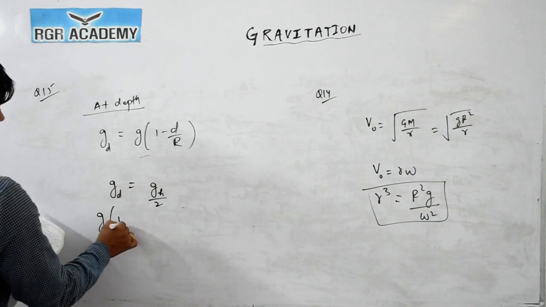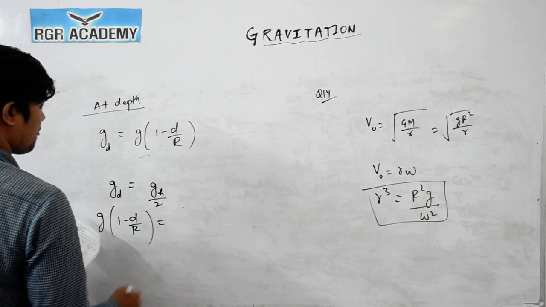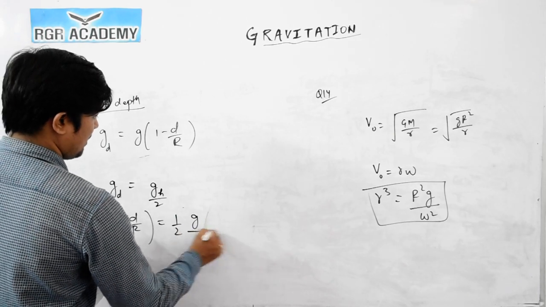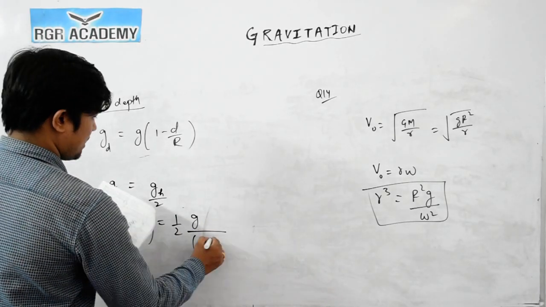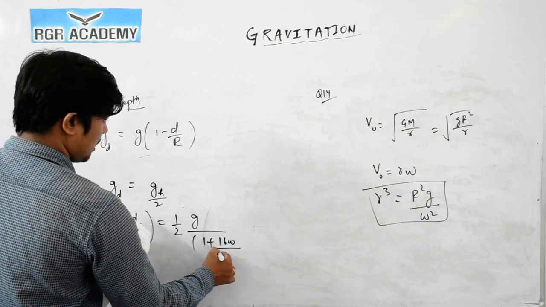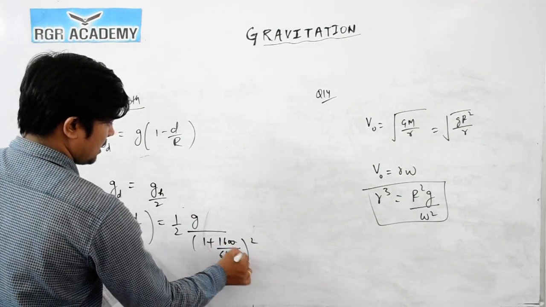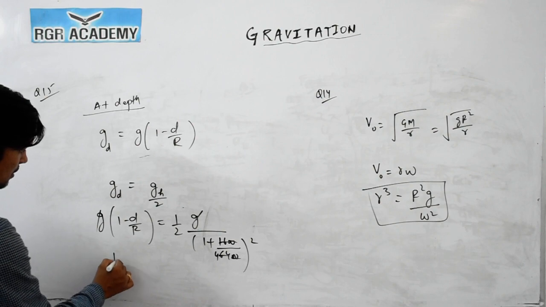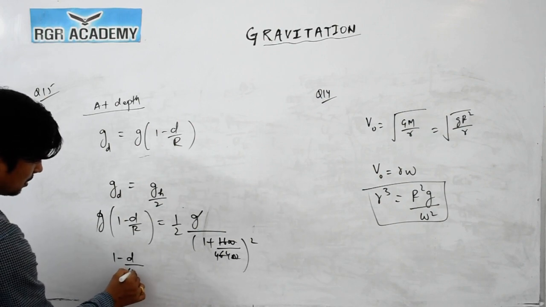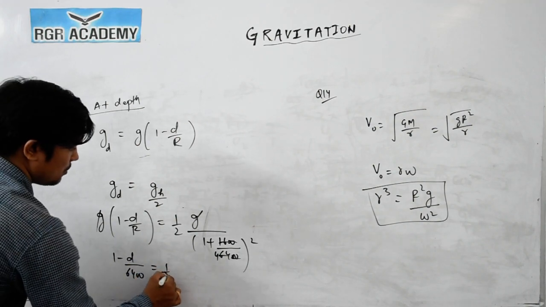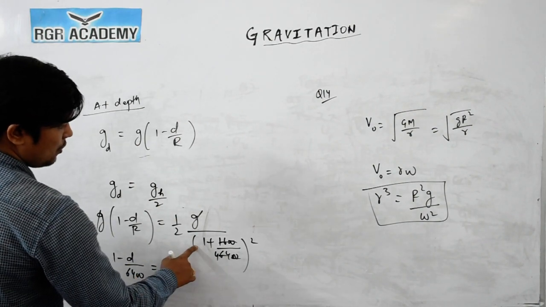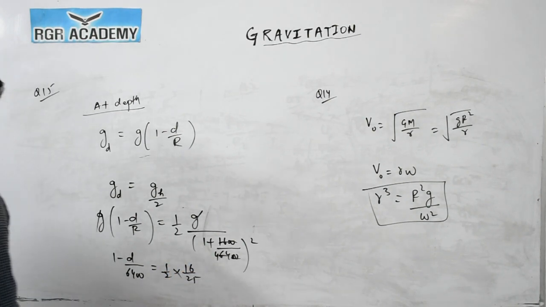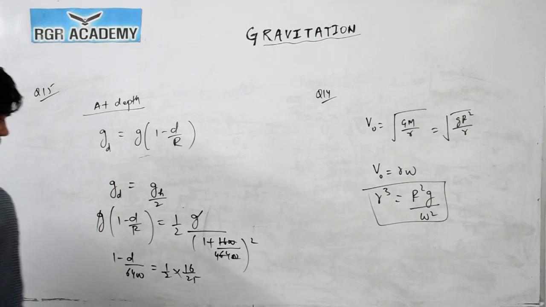We can write this as g into 1 minus d by R equals 1 by 2 of g divided by 1 plus h by R squared. h is given as 1600 and R is 6400, so g will cancel out. So 1 minus d by 6400 equals 1 by 2 into 4 by 5 squared, which becomes 16 by 25.